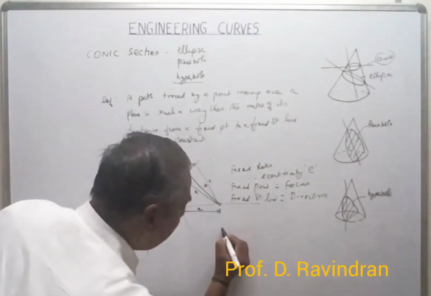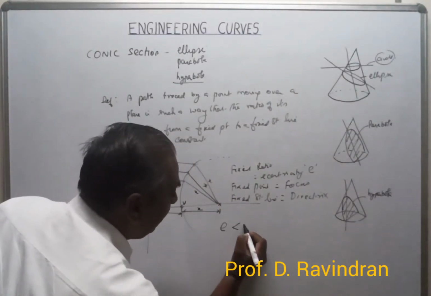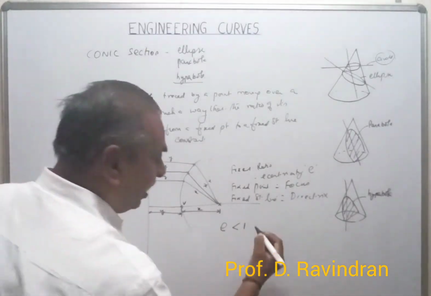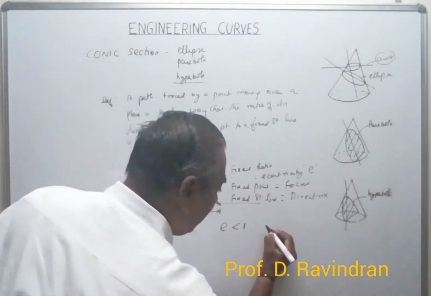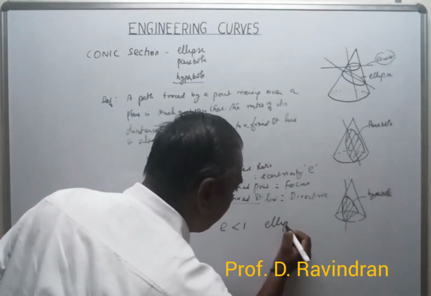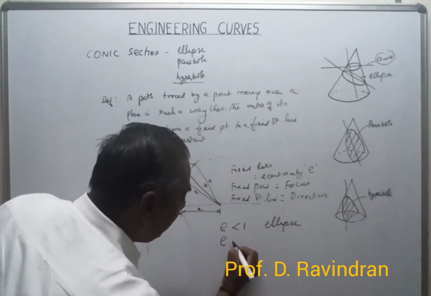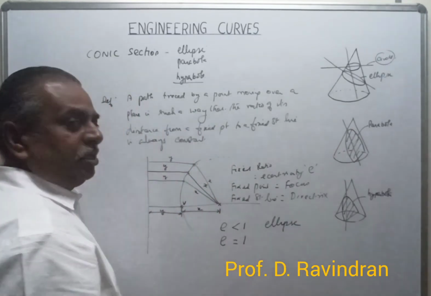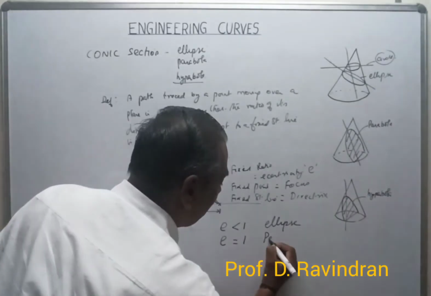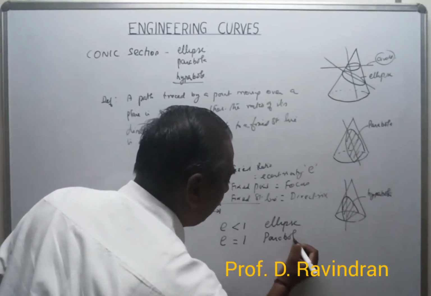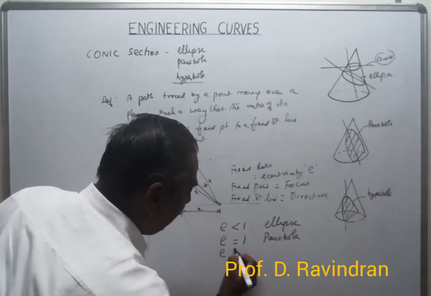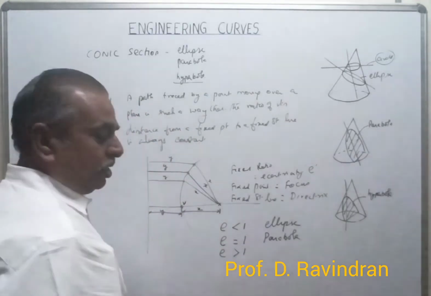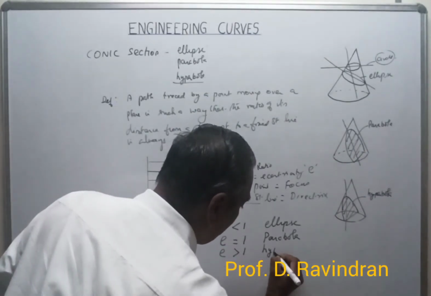So when this E is less than 1, that means the ratio is less than 1, the curve will be an ellipse. If E is equal to 1, then the curve will be a parabola. When E is greater than 1, the curve is said to be a hyperbola.